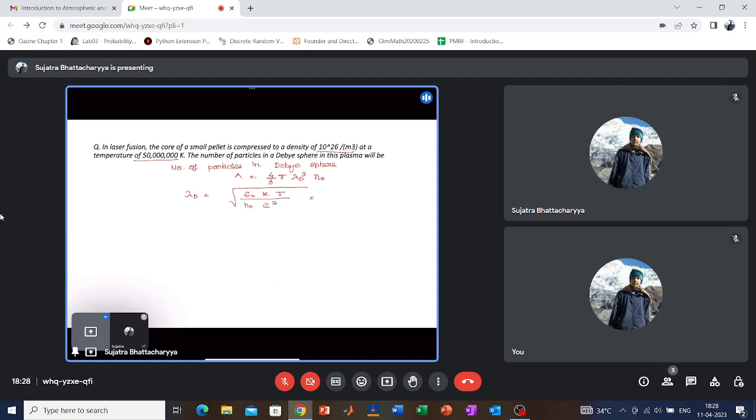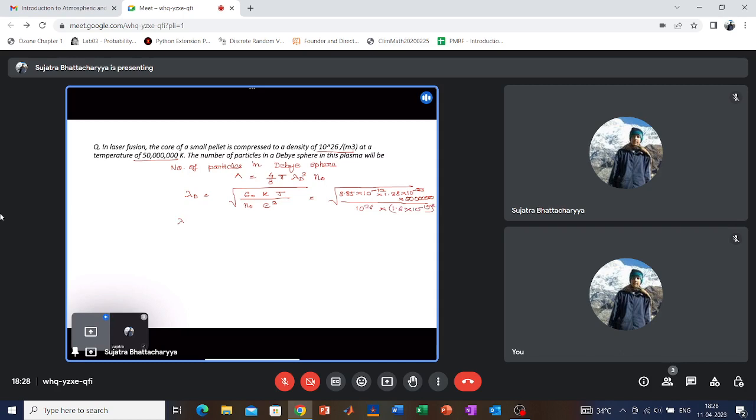Therefore, if you just put in the expression, it will be 8.85 into 10 to the power minus 12 into 1.38 into 10 to the power minus 23 times 50 million Kelvin, divided by n naught, which is 10 to the power 26, into 1.6 into 10 to the power minus 19 whole square. This is your Debye length.